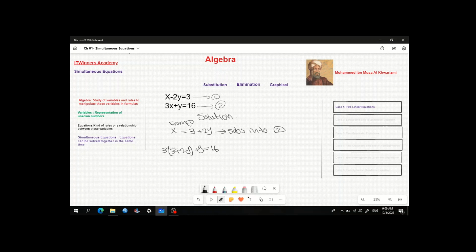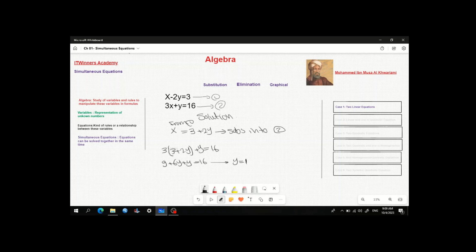So 9 plus 6y plus y equal to 6. If I solve that for y, I will obtain that y equal to 1.